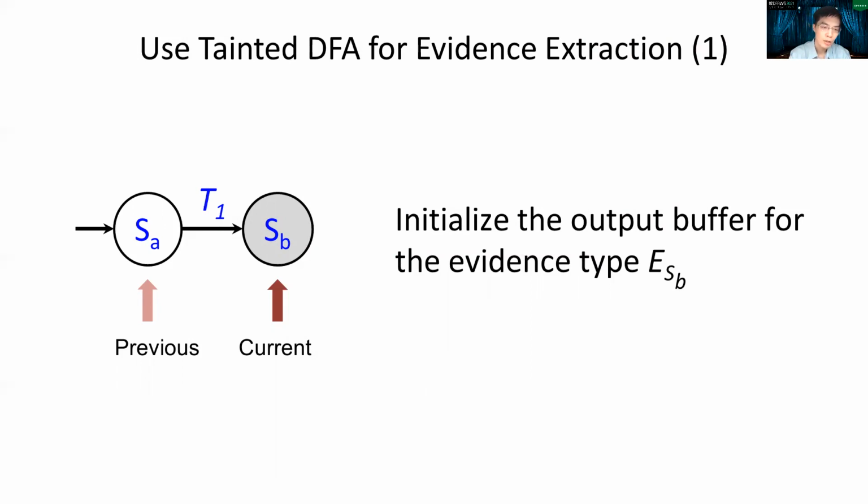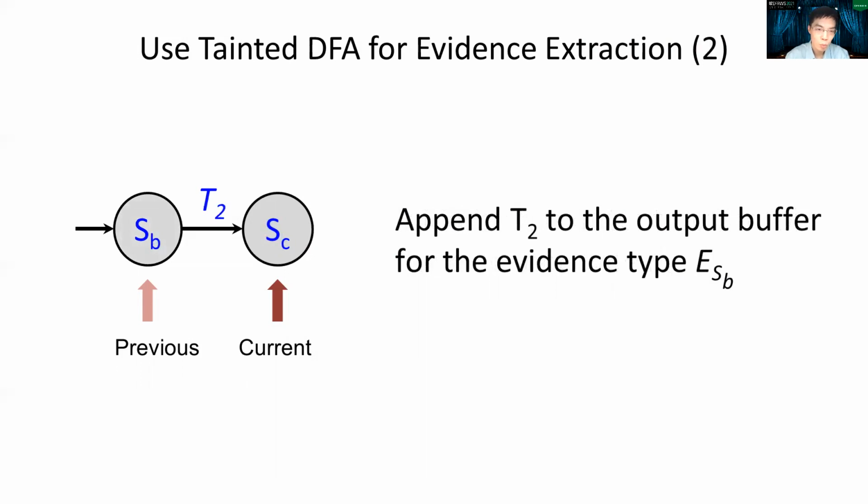When extracting the string, we keep tracking two pointers. One points to the current state after consuming an input character, while the other points to the previous state. In this scenario, since we just moved from a state without evidence to one that has a certain evidence type, we initialize the output buffer.